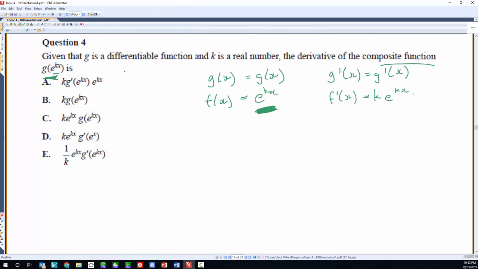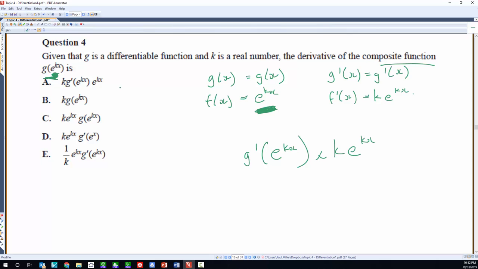All right, so we're going to note that the derivative is going to be the derivative of the outer, so g dash. Now this x here is actually this part here. This is the inner function. So I'm going to stick the inner function in, which is e to the kx, multiplied by the derivative of the inner function, which is k e to the kx.